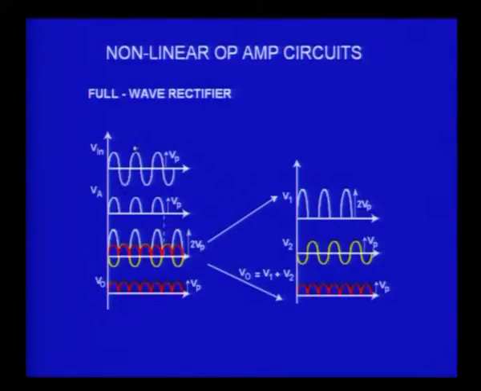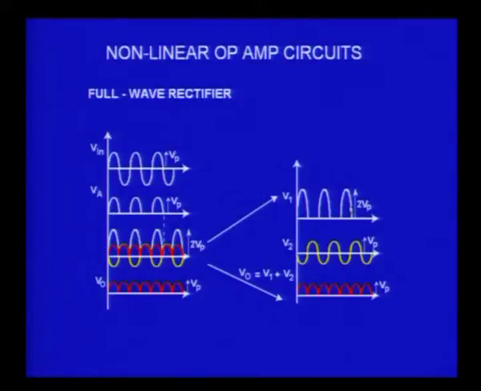You have a sinusoidal input, and the half wave rectified signal will be something like this. One half is cut off, the negative excursion; only the positive half cycles are there, and I still get V peak as the peak of this rectified signal. Now, when I give it to the summing amplifier, the summing amplifier amplifies the signal to twice, as I already said, and therefore it becomes 2 V peak.